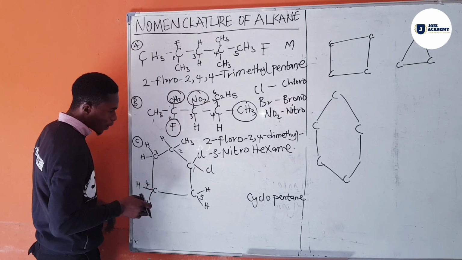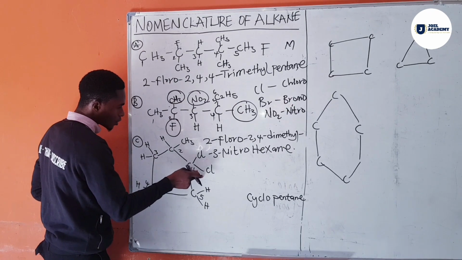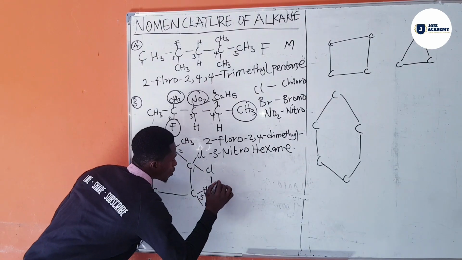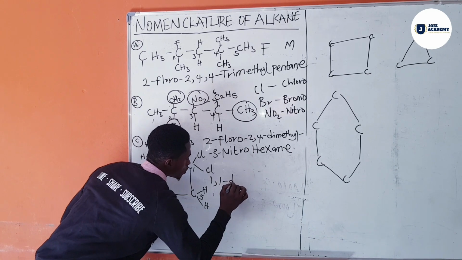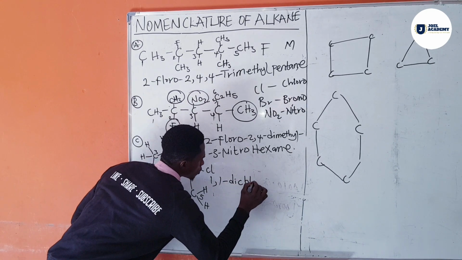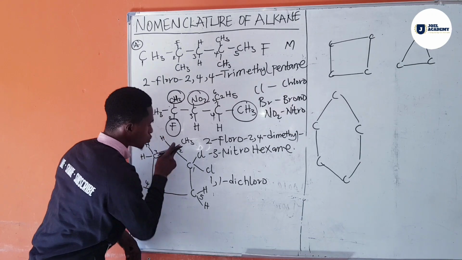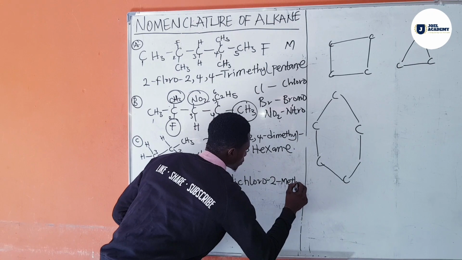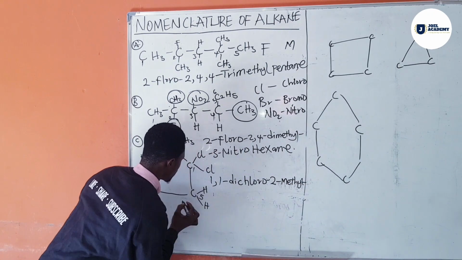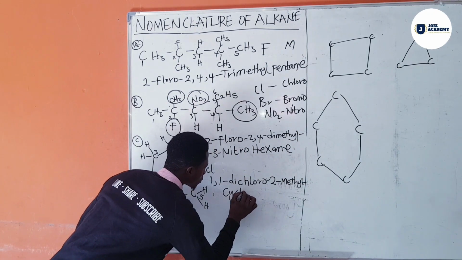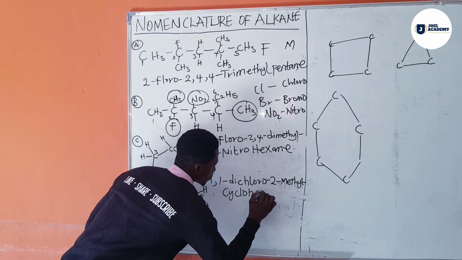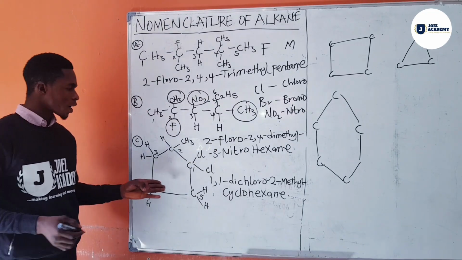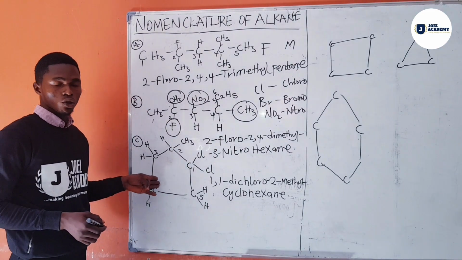So the name of this compound is going to be 1,1-dichloro-2-methylcyclopentane. So this is the correct IUPAC name for this kind of structure.